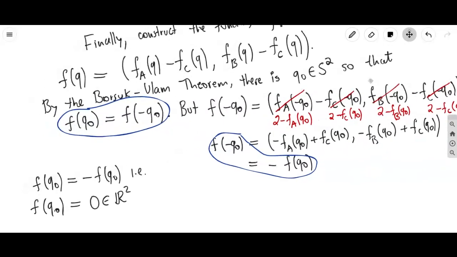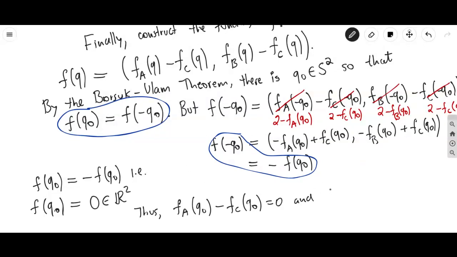So what does that mean? That means that the function at this point Q0 vanishes. So in other words, thus fa Q0 minus fc Q0 is 0. And so we're just talking about the two components. This is our function at Q0. Both of the components have to vanish. This component vanishes, and this component vanishes.